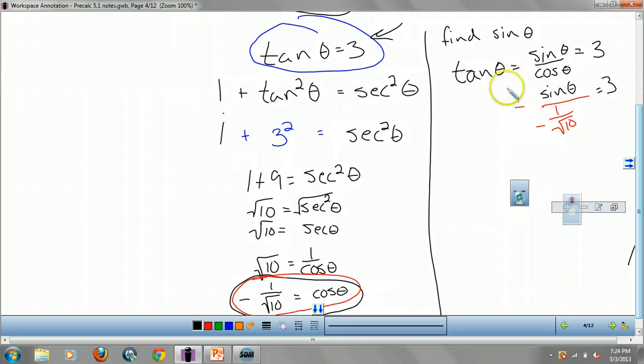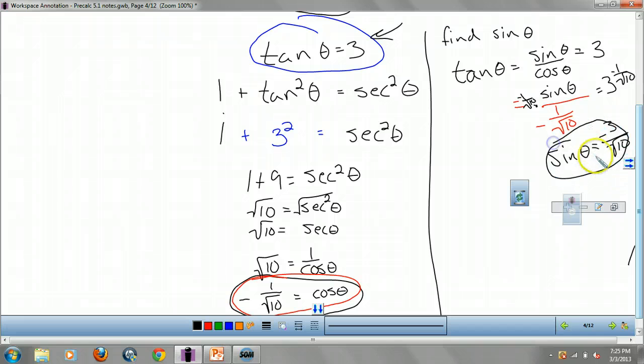Now, I'm going to multiply both sides by 1 over negative root 10, and I get sine of theta equals negative 3 over square root 10. Pretty easy, right?